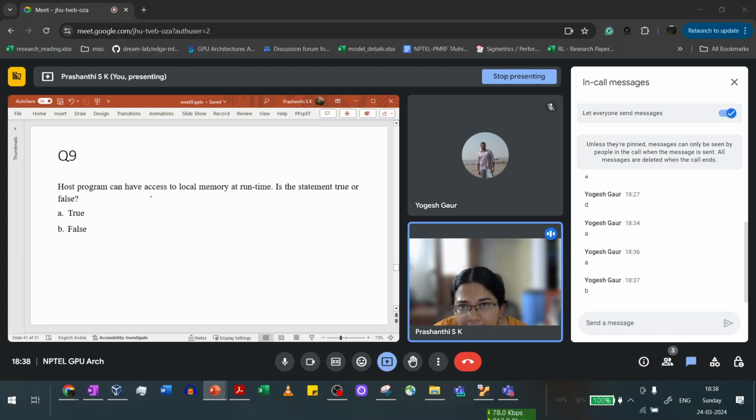Host program can have access to local memory at runtime. Is this true or false? A, true.